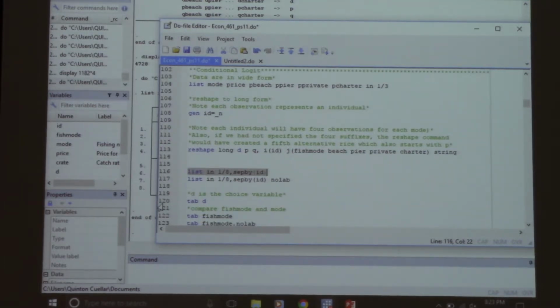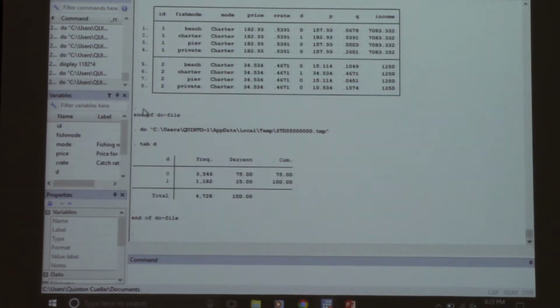D is a 0-1 dummy, and it indicates which decision, which choice we made. So is D up there? Yeah. So charter, as you can see for the first one, charter has a 1. And I guess for the second one, charter has a 1 also.